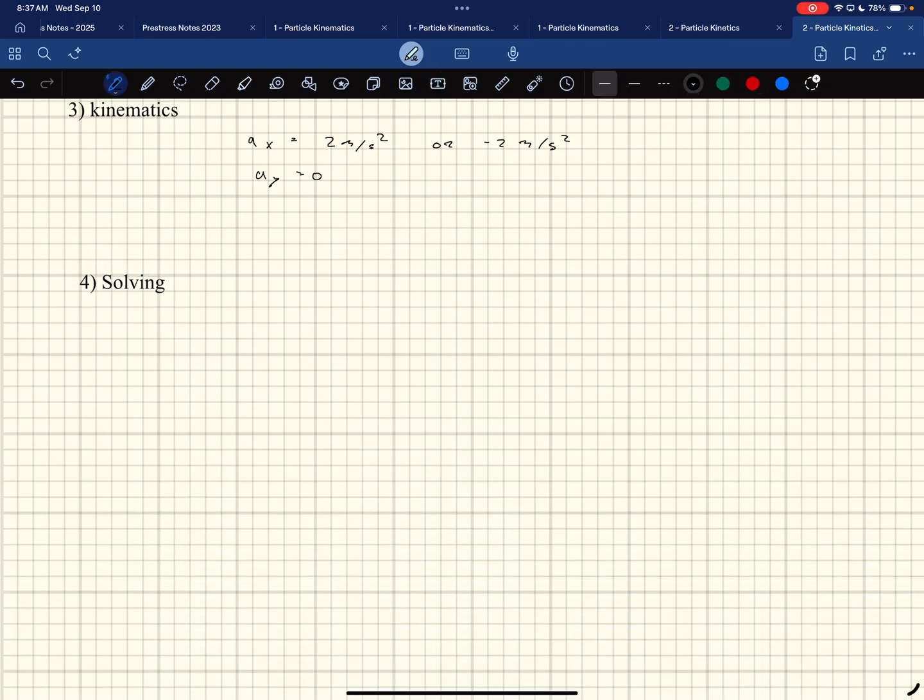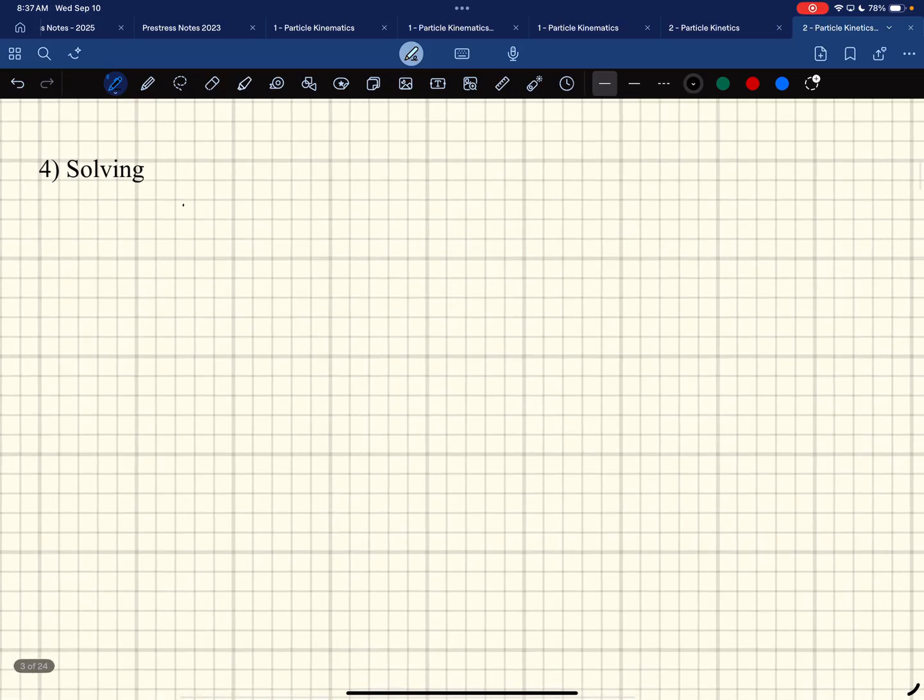You have to do this twice. One is going to be P minus mg sine 20 minus P sine 20 equal to mass times 2, and the other is P minus mg sine 20 minus P sine 20 equals mass times negative 2.